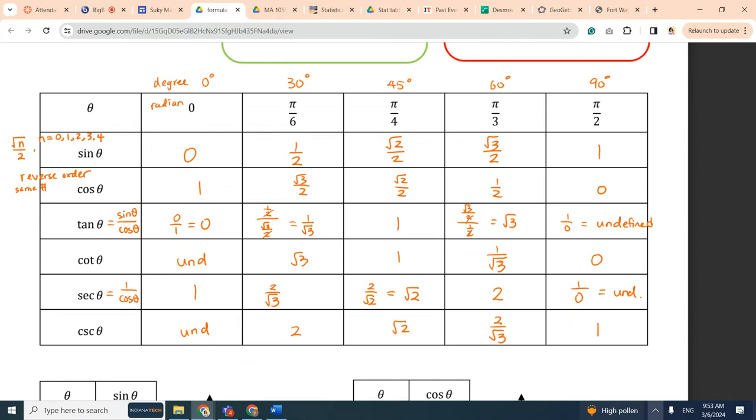And cotangent, same numbers as tangent, but reverse order. Secant is 1 over cosine. Where's cosine? Here. The 1 over 1 is that. Then you put the numerator and denominator. And cosecant, same numbers, but reverse the order. So just remember one thing, and then you can find all the others. And also the degrees as well.